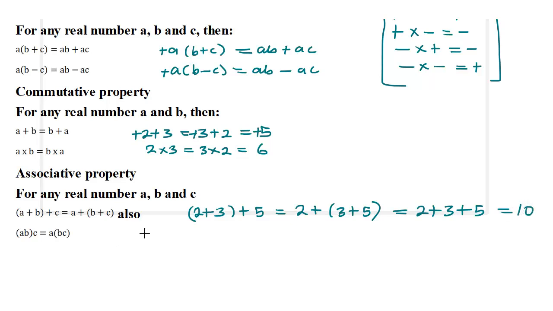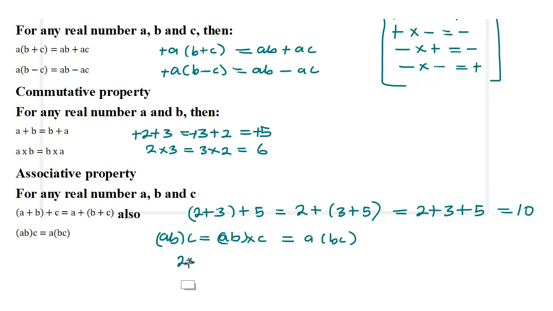Now for this other one, if you have ab into bracket c, what is inside the bracket is multiplication, just like what you have here: addition, addition, multiplication, multiplication. So ab into bracket c is the same thing as saying ab times c. And it's also the same thing as saying a into bracket bc.